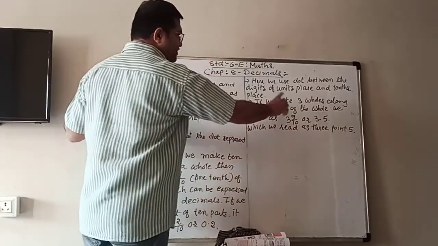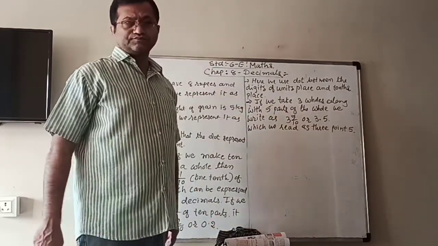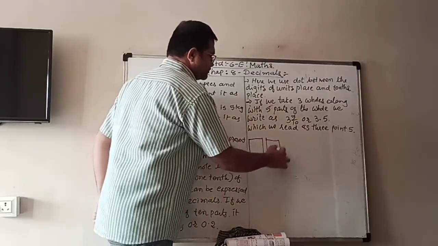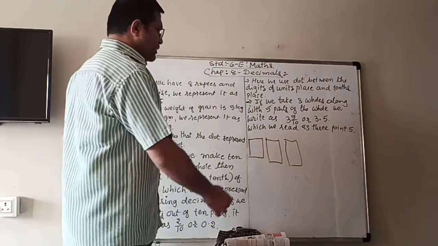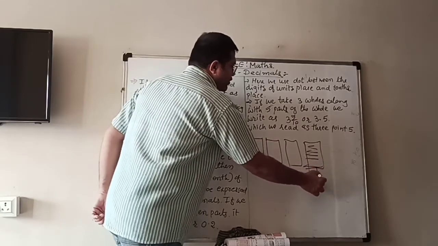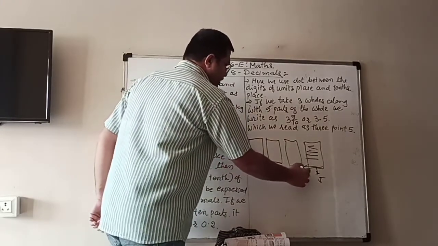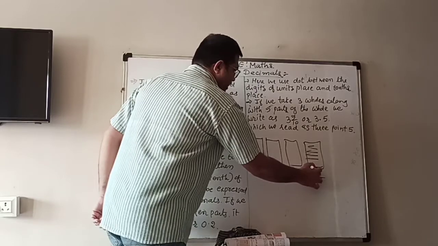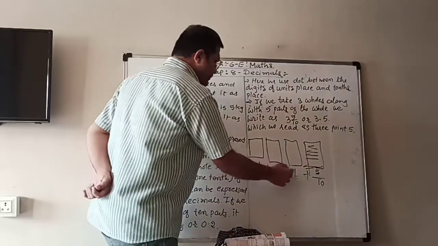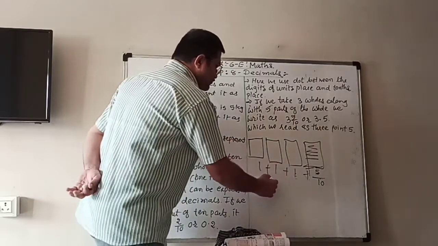Now, if we take 3 wholes along with 5 parts of the whole, it means that you take 3 whole blocks, and then the 4th block is divided into 10 parts and we take 5 out of it. Means here it is 1 plus 1 plus 1 plus 5 out of 10. 1 plus 1 plus 1 is 3, and plus 5 upon 10.